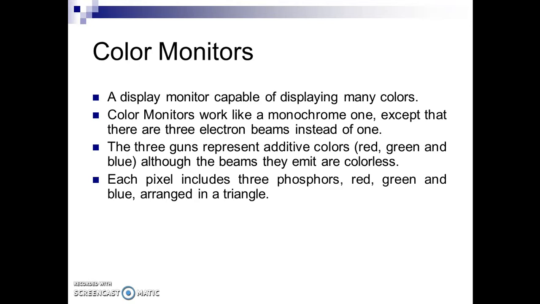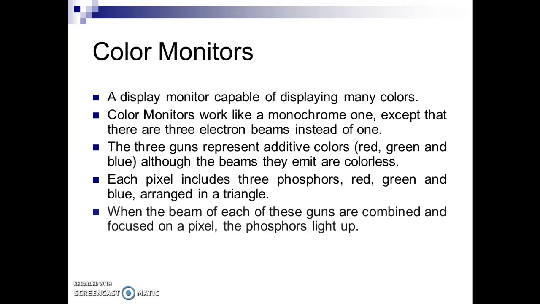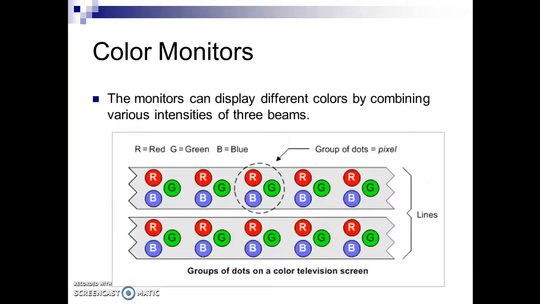So, unlike the case with monochrome monitor, each pixel contains 3 phosphors: a red phosphor, a green phosphor, and a blue phosphor. And we arrange those in a triangle. When we add them together, we can actually get real colors. Okay, so this is a cartoon of that monitor's layout.